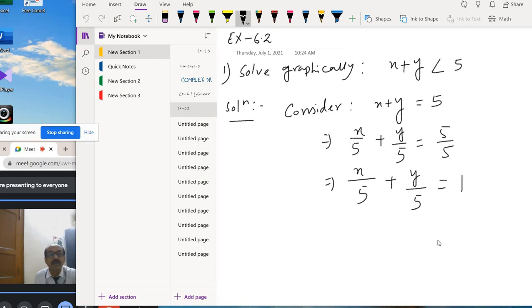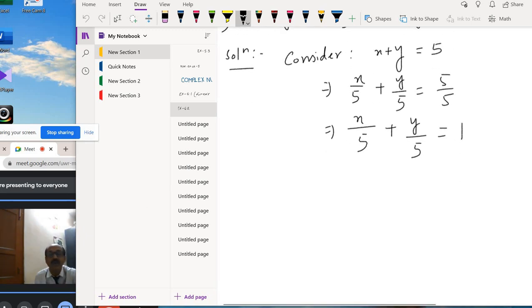Okay. Now this x by 5, this 5 means on the x-axis length 5, and y by 5 is on the y-axis length from the origin. Now draw the x-axis, y-axis and draw this graph.